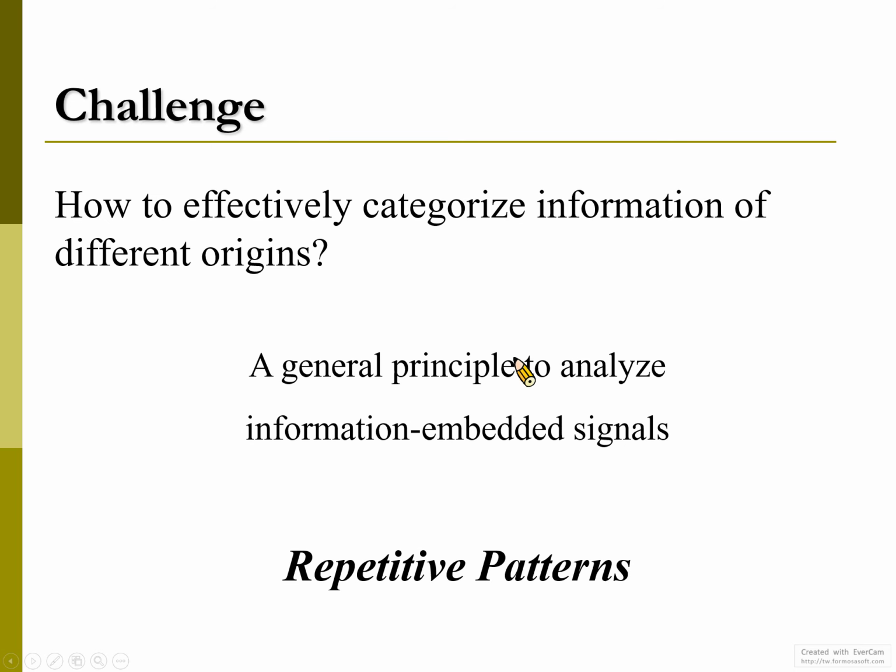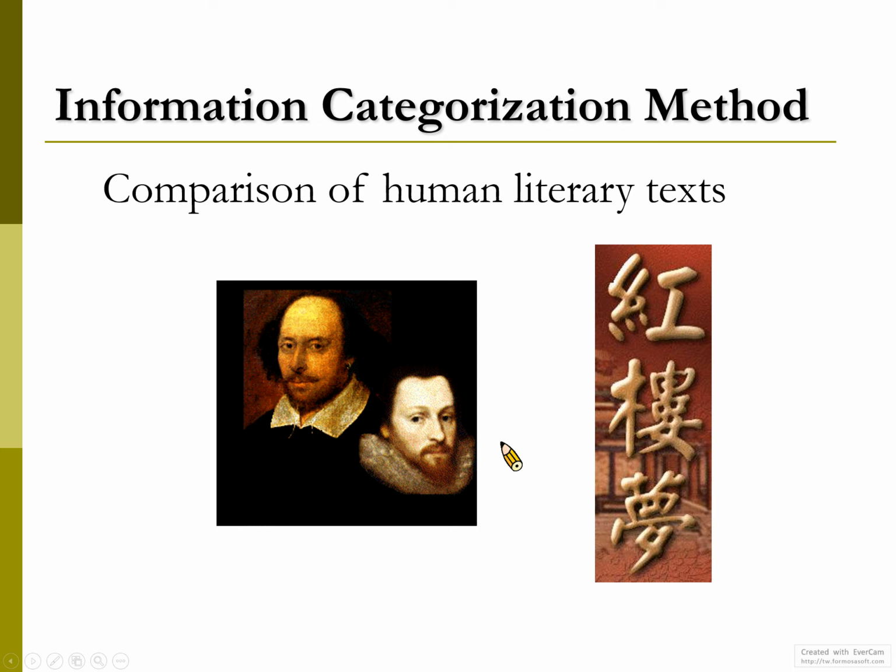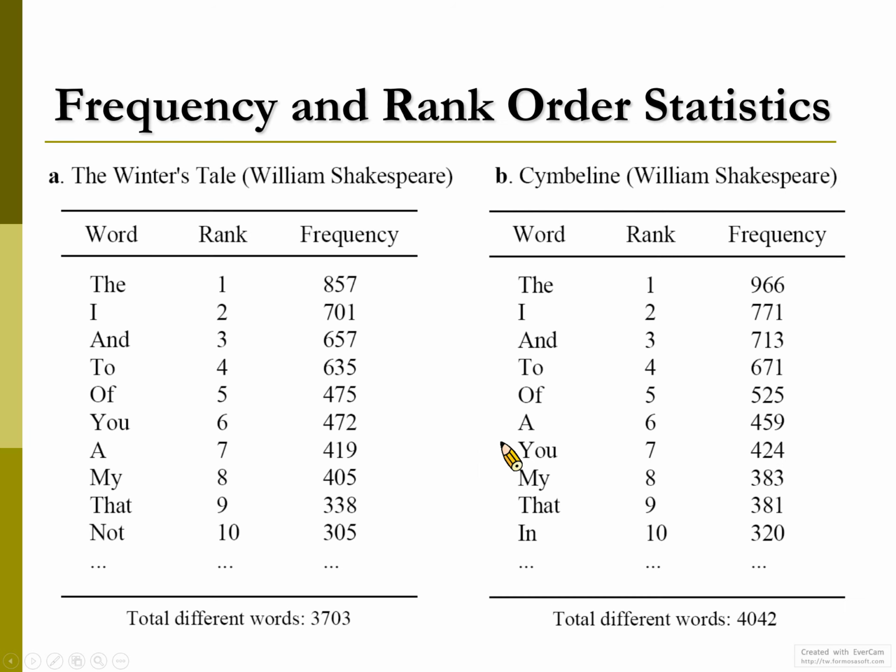A general principle to analyze the information embedded in signals is the repetitive patterns. For example, in the case of a writing system in literary text, the repetitive patterns are our words. If you look into the plays by William Shakespeare, here I just show you two plays, The Winter's Tale and Cymbeline.